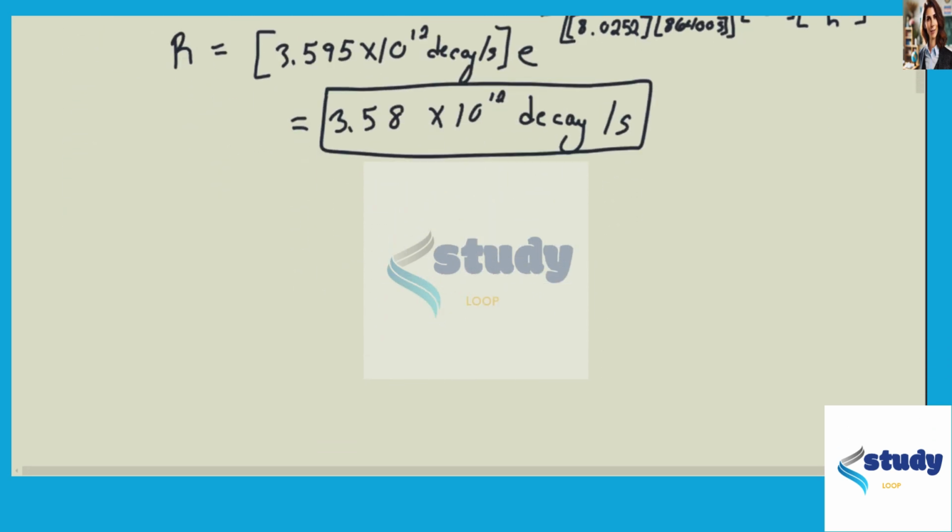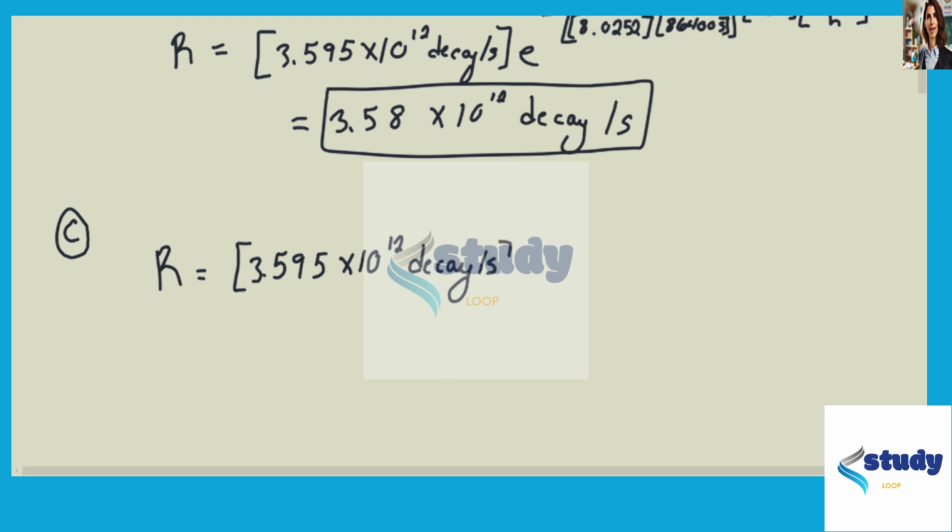Okay, and now let's get down to C. So for C, we have again your R, 3.595 times 10 to the 12 decays per second, times e to the negative.